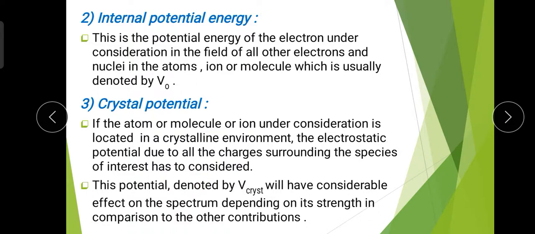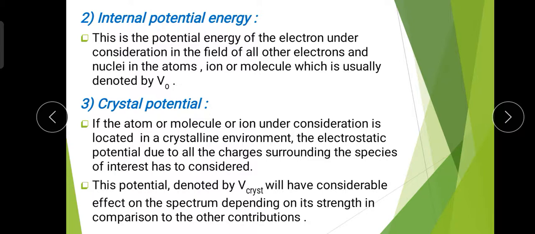Crystalline environment means we have a regular and periodic arrangement. That means everything is fixed at a particular position or repeats after a periodic position.